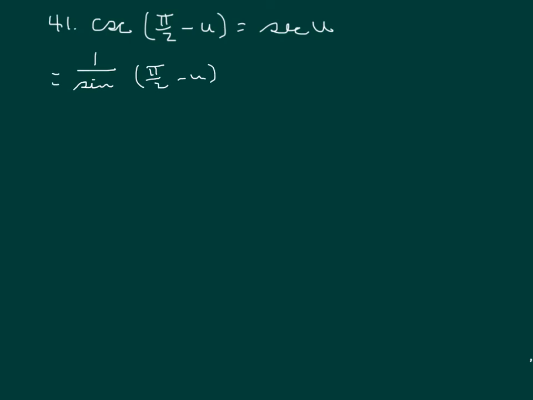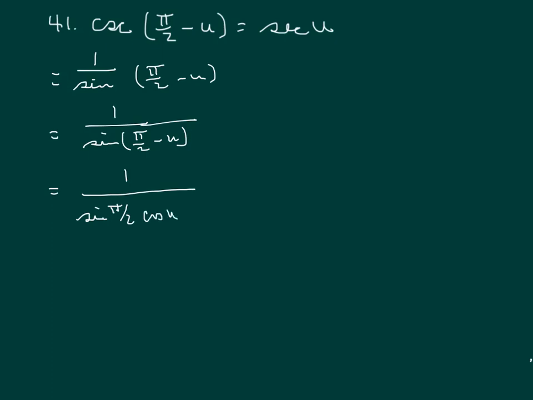Let's just take the left-hand side. So I have 1 over the sine of pi halves minus u. This is equal to 1 over the sine pi halves cosine u minus the cosine of pi halves sine u.